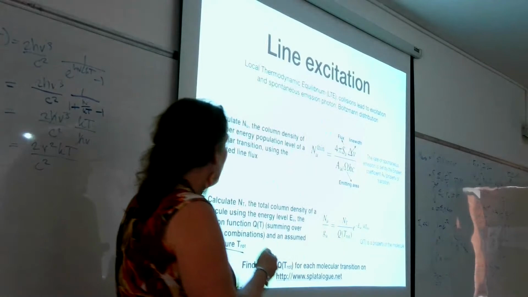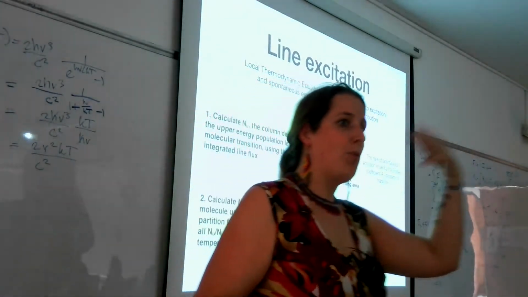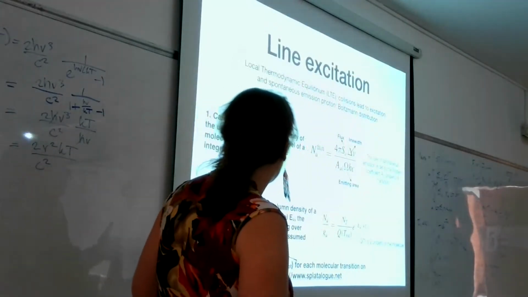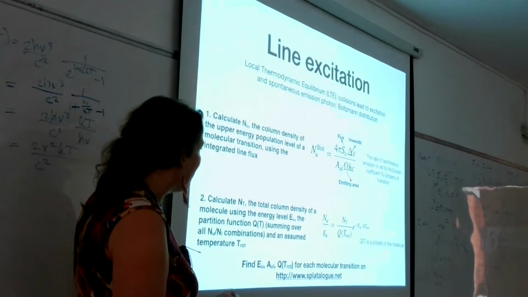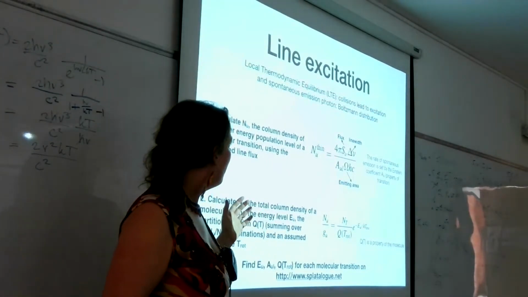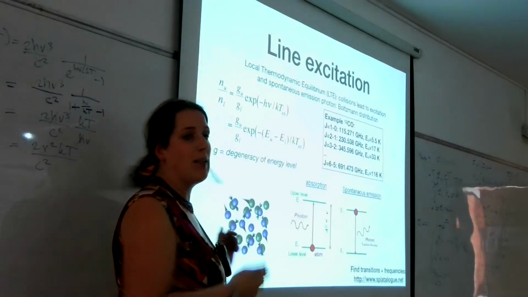Okay, so now say that we have calculated that number, the column density, the population in that upper energy level. We can now calculate the total column density using this equation. This is actually summing over all of the energy levels in the Boltzmann equation.